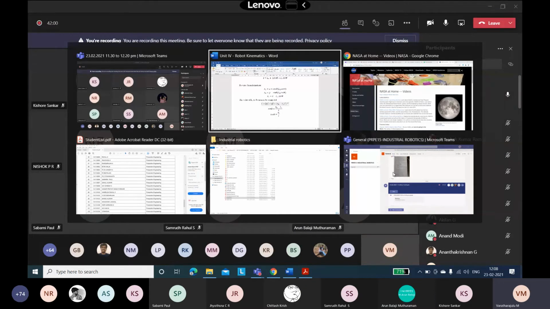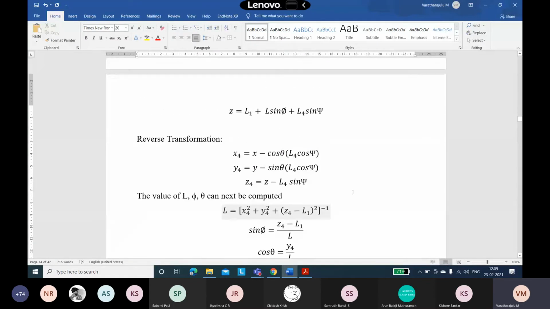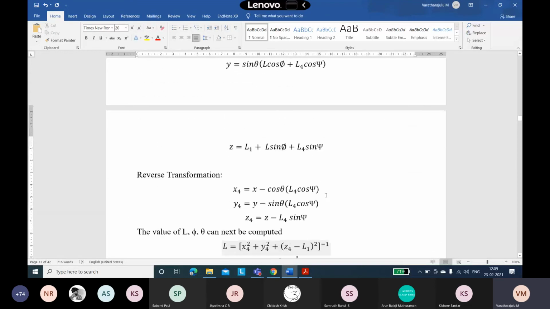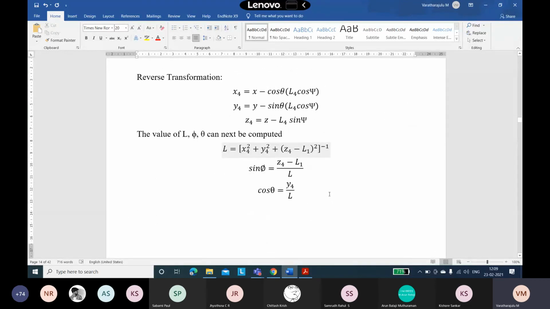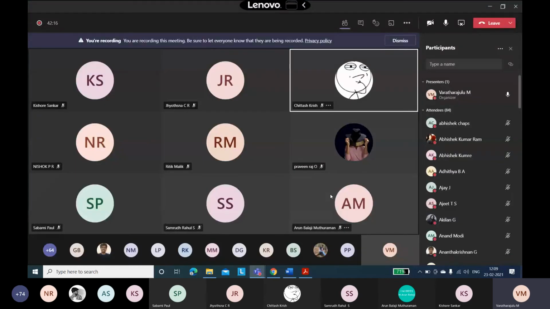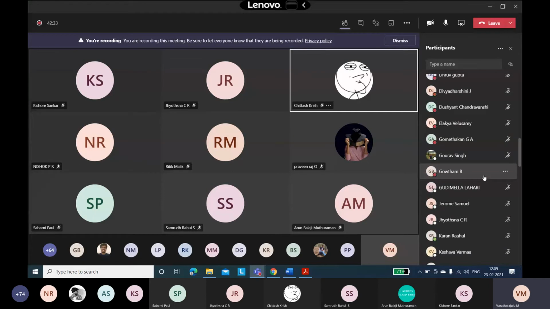And who is ready to take care of the 4 degrees of freedom manipulator? These are the things you have to do. With this basic system, you need to derive this. Anyone? Please.